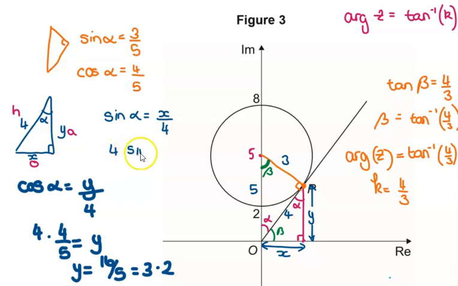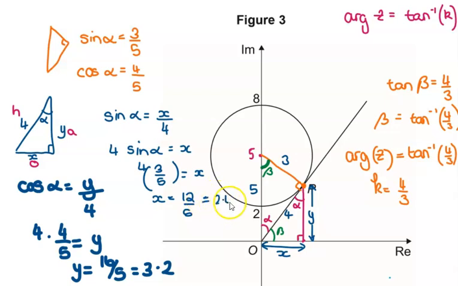So 4 sine alpha equals x. Sine alpha is 3/5. So 4 times 3/5, 12/5, which is 2.4. So that tells us that P has coordinates 2.4, 3.2.